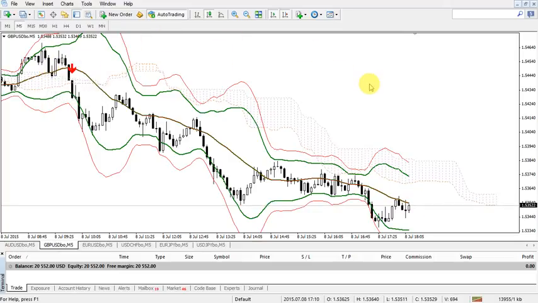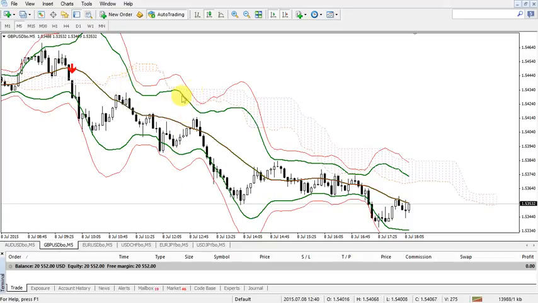And the third indicator that we have, which will look faint to you, is this structure that looks like a cloud. It's actually a Japanese indicator, and it tells the trader where prices might hit resistance. For example, you can see as prices go down here, it goes up. It goes close to this cloud, it goes down again.